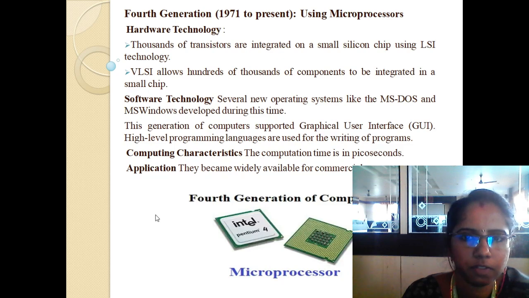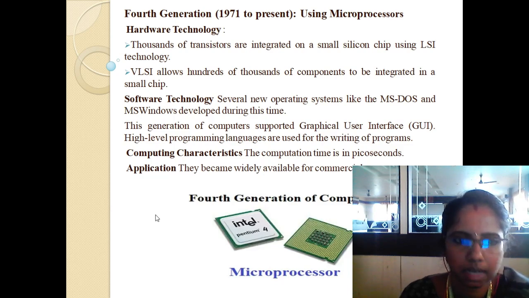Hardware technology of this generation of computers: thousands of transistors are integrated on a small silicon chip using LSI technology. VLSI allows hundreds of thousands of components to be integrated in a small chip. In software technology, MS-DOS and MS Windows were developed during this time.